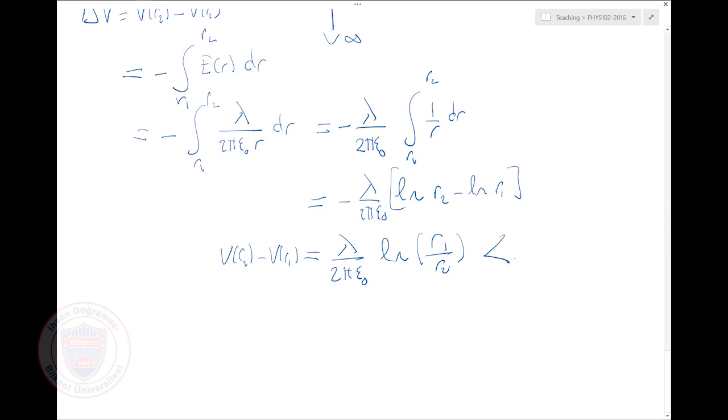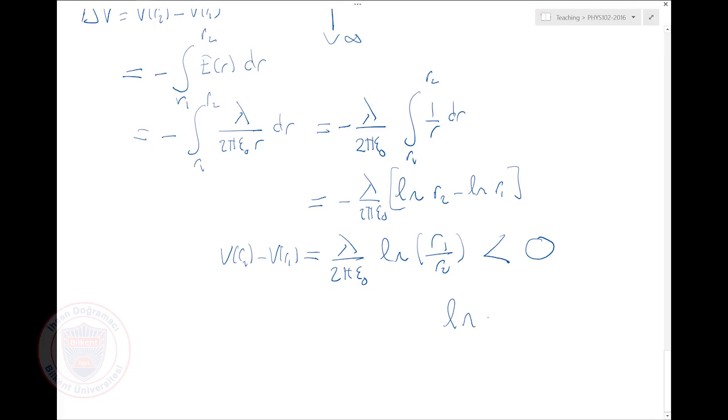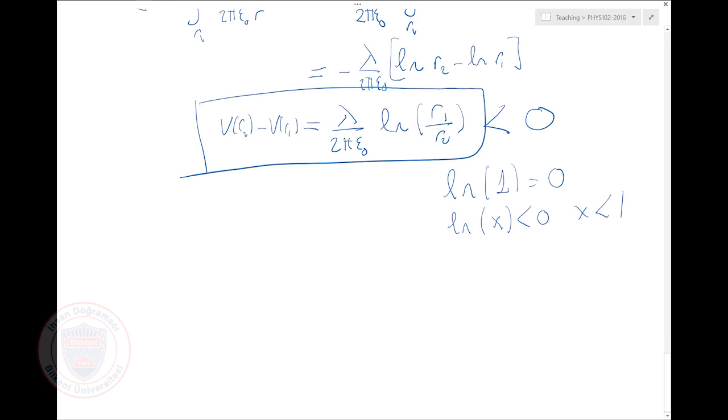So I would expect this to be less than 0. V of R2 is less than V of R1. Is it less than 0? Remember, ln 1 is 0, and ln x is less than 0 if x is less than 1, right? And in this case, that's certainly the case. So it looks like a correct formula.